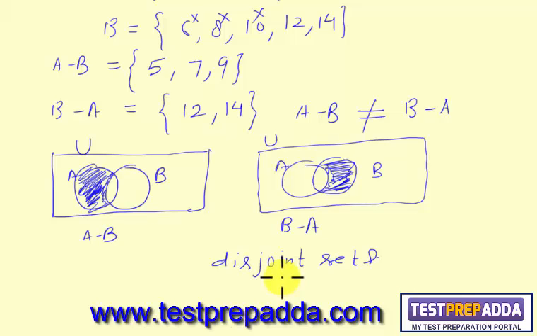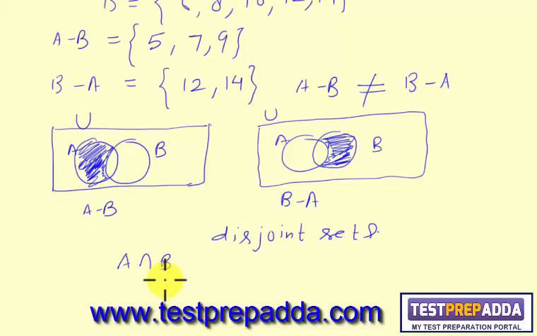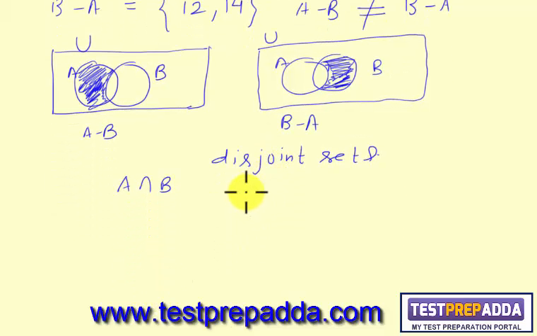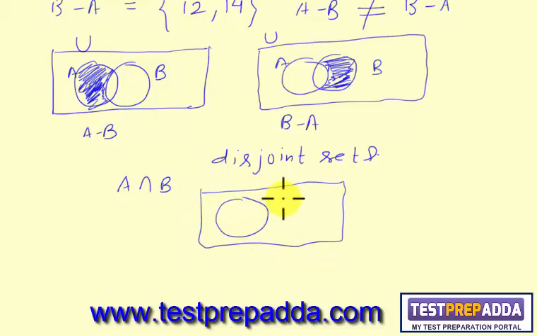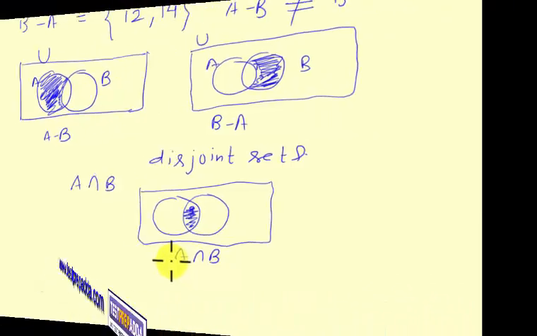Even A intersection B, that is, if I draw, this is the intersection part, even A intersection B can be considered as disjoint. So A minus B, B minus A and A intersection B, these three are actually disjoint sets.